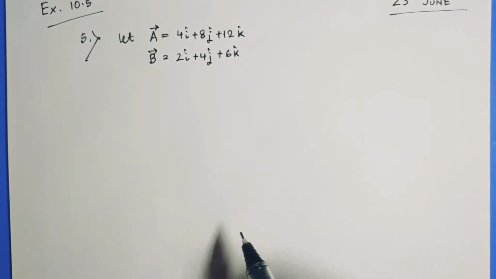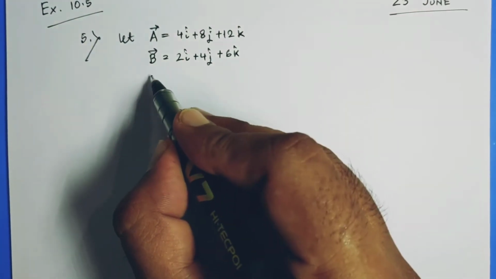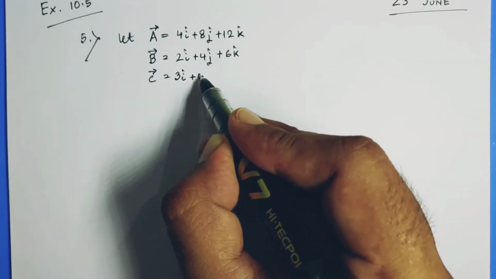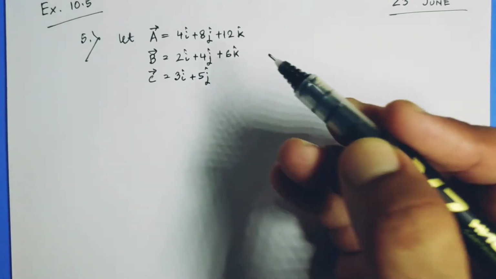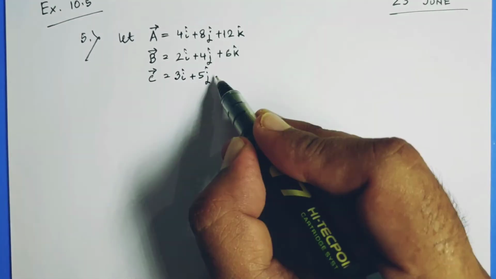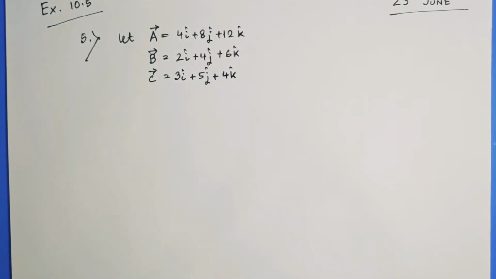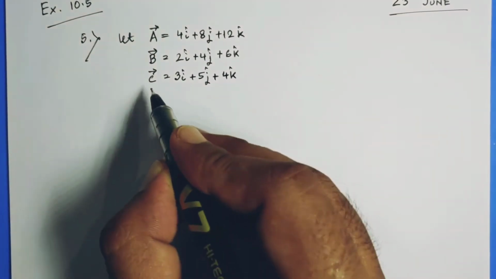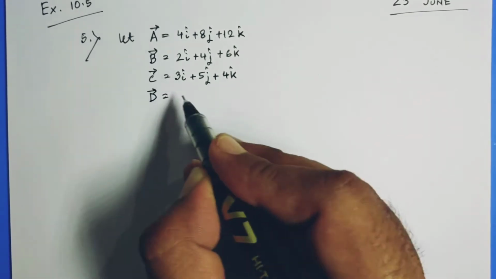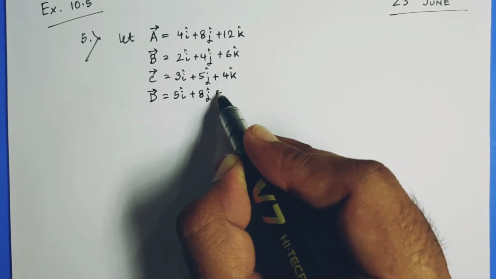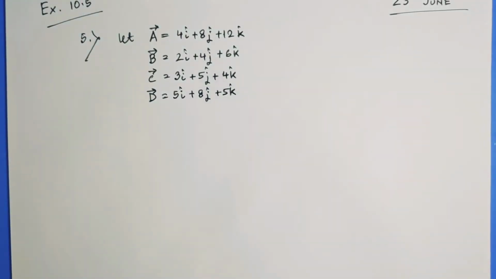Now our third one is 3, 5, 4, so C is equal to 3i cap plus 5j cap plus 4k cap, right? Now our last one is 5, 8, 5. So D vector is 5i cap plus 8j cap plus 5k cap, right?